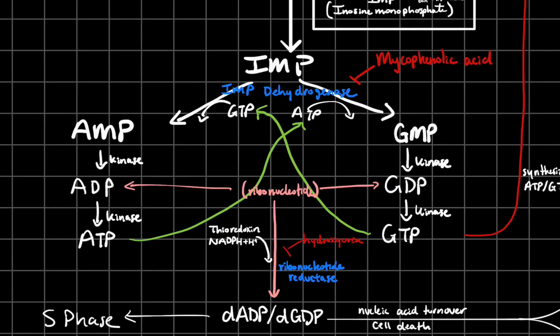Okay, so with IMP, we're going to use IMP dehydrogenase. And to synthesize adenosine monophosphate, we're going to use GTP. And to synthesize guanosine monophosphate, we're going to use ATP. Okay, and that kind of makes sense, and I'll try to explain it a little bit later.